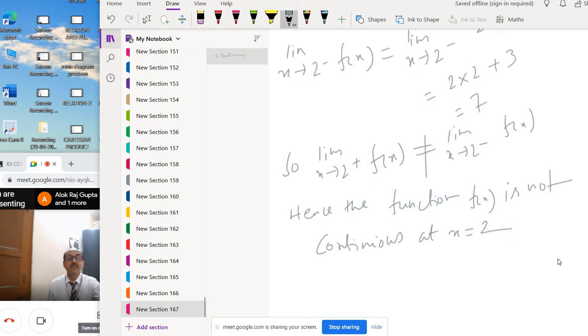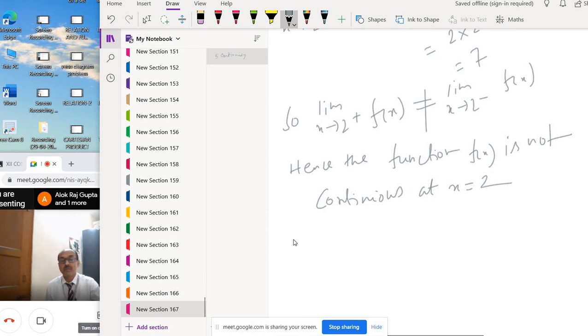So thus f(x) is discontinuous at x equal to 2.